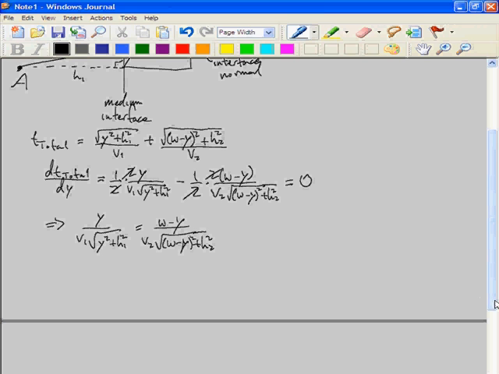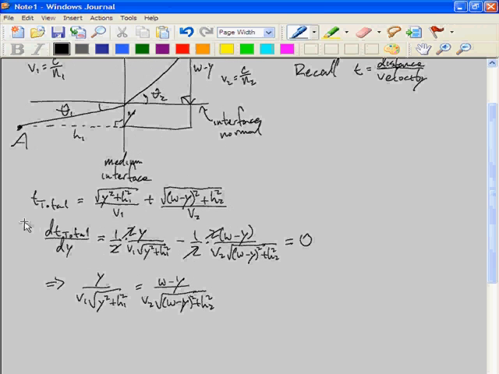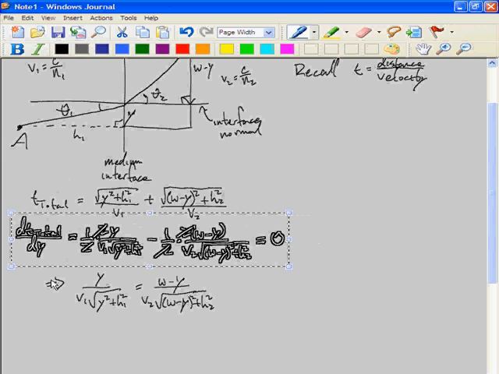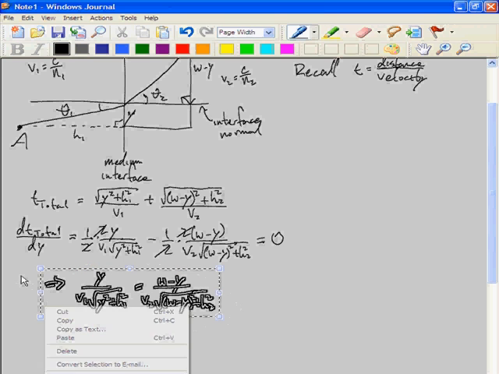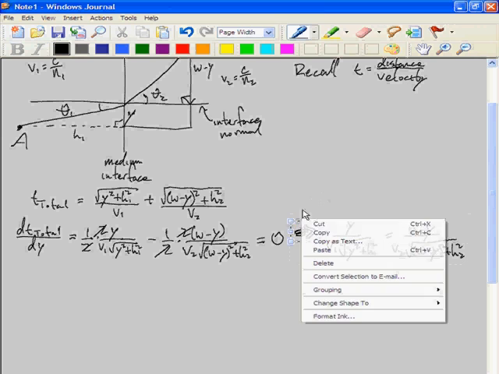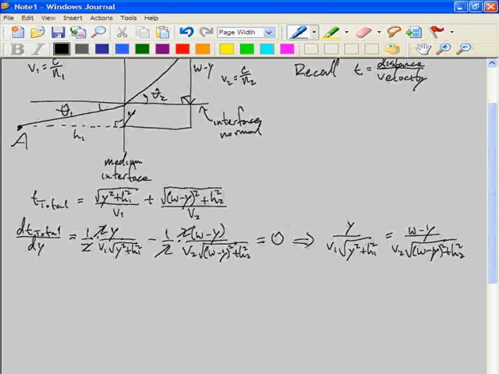And if we look at the diagram for the path of the light from point A to point B, we notice we have the sine of angle 1 over the speed through medium 1.